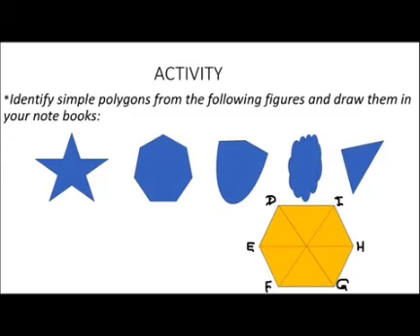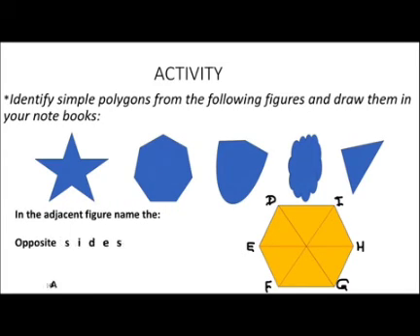Now let us name all these points. Okay, there are 6 vertices. That's why we got 6 sides. So it's a 6-sided polygon called a hexagon. Now, in the adjacent figure, name the opposite sides. Your activity is, in this figure, name the opposite sides and adjacent sides.